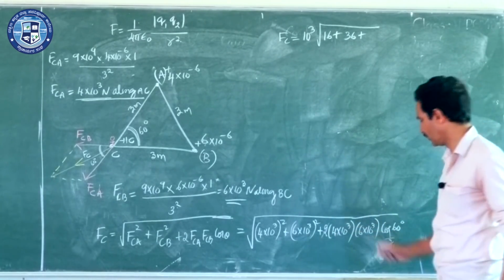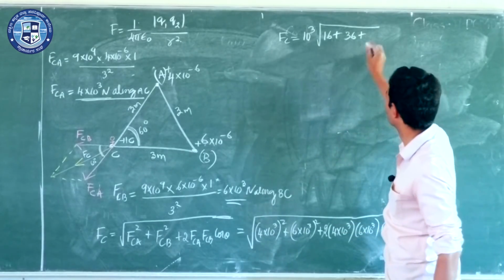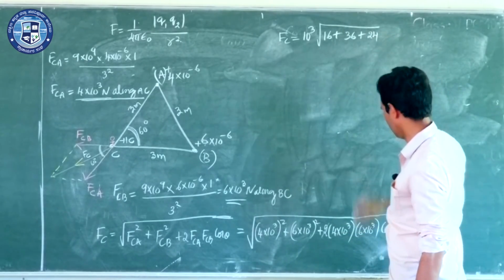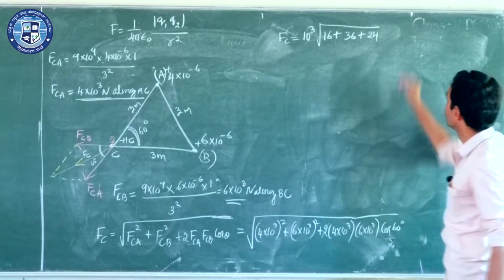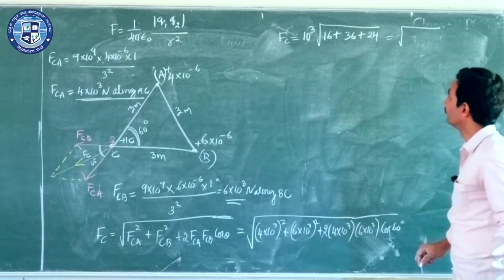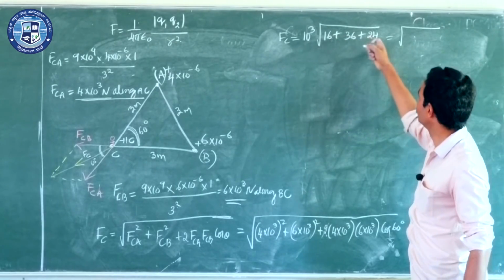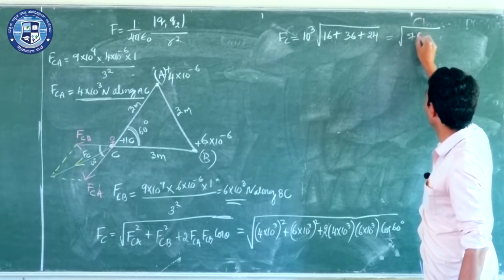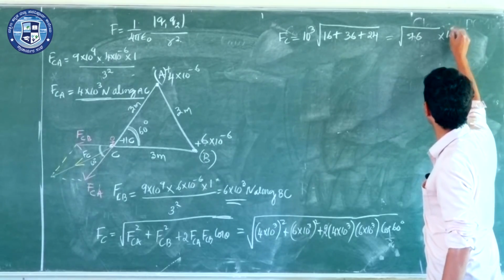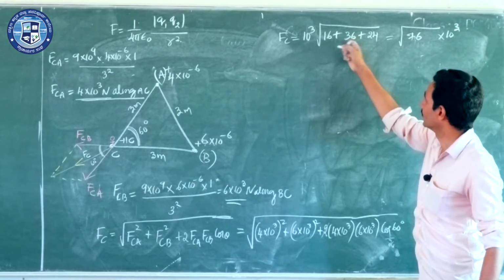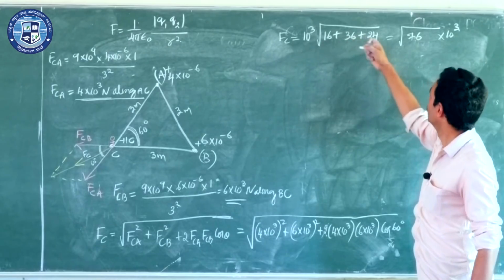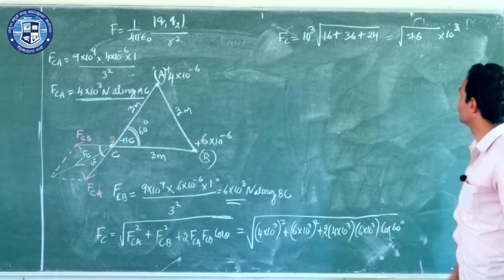Only 24 remains, with 10 to the power 3 square taken outside the square root. So you have 24, 6 4s are 24. So what will this be? Square root of 16 plus 36 is 52, 52 plus 24 is 76. Square root of 76, of course, into 10 to the power 3.